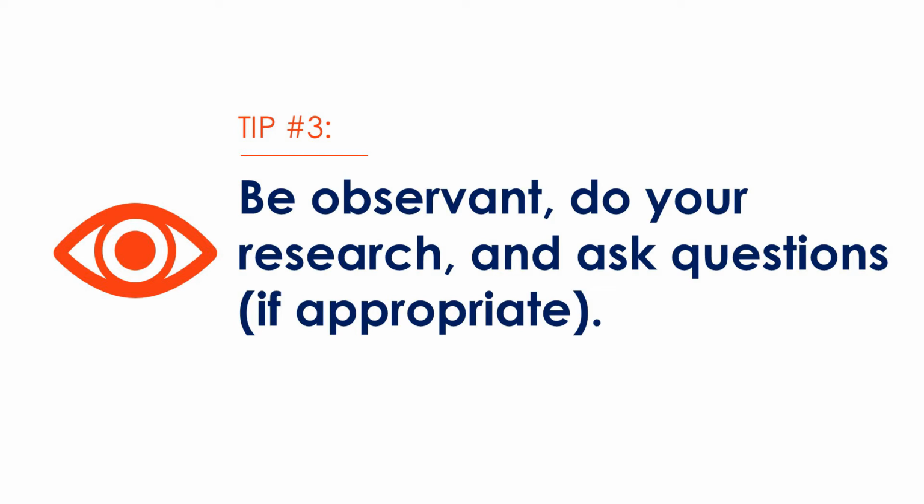Tip 3. Be observant, do your research, and if appropriate, ask questions. If you know that you're going to be interacting with folks from other parts of the world, do some research. Learn about your audience's communication and cultural preferences. Then, when you're actually in the context where you're interacting with those folks, be observant.